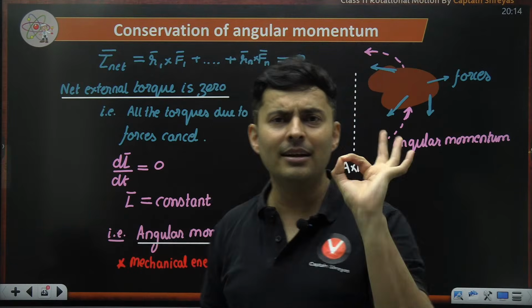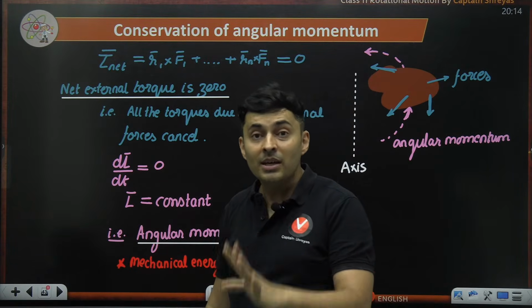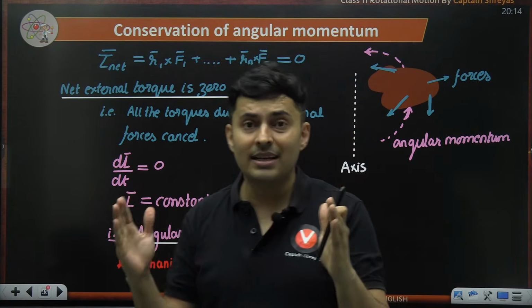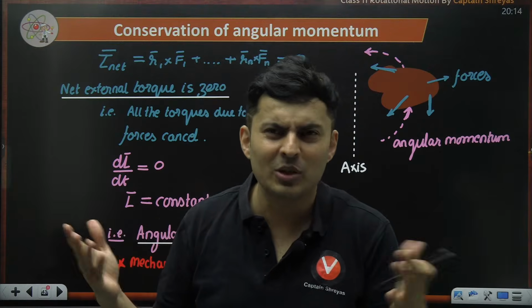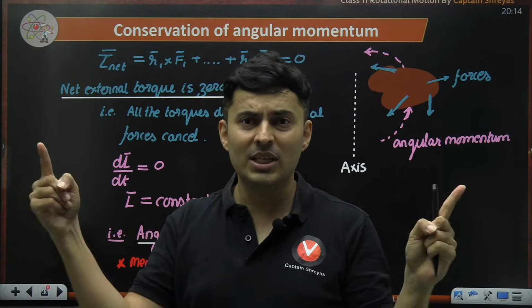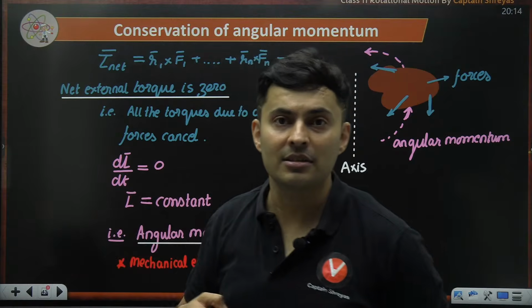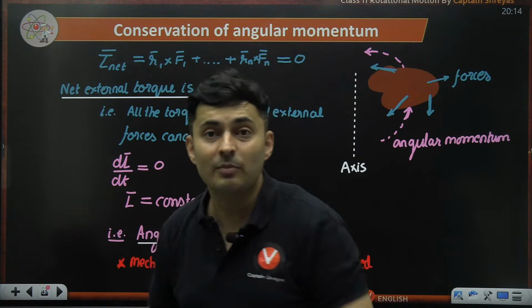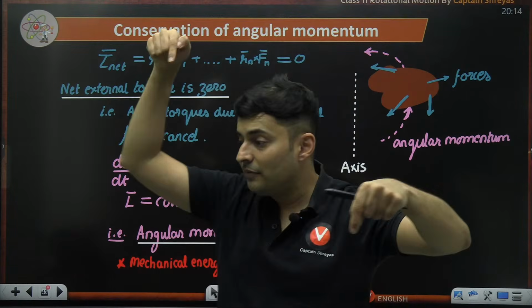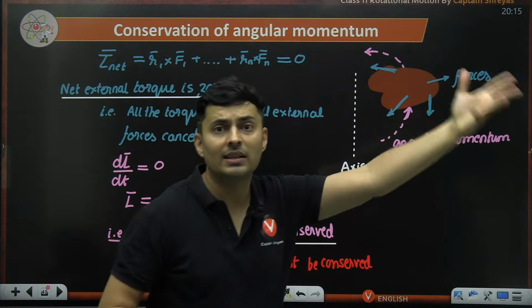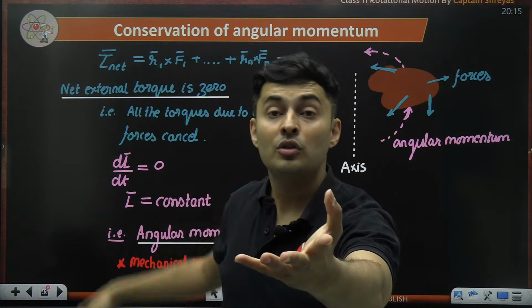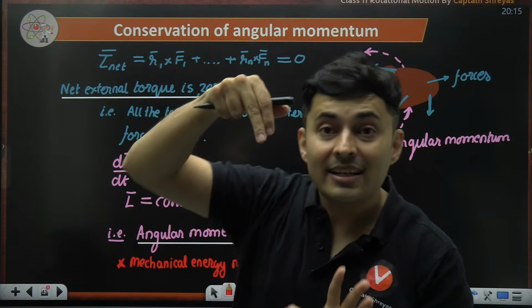There is a fine hidden print over here. There could be certain axes about which the torque is not zero, because torque depends on the axis. If you change R, force might be the same, but R cross F will change if R changes. So it is possible that about different axes, maybe this or this and that, torque is not zero, so angular momentum is not conserved about those axes.